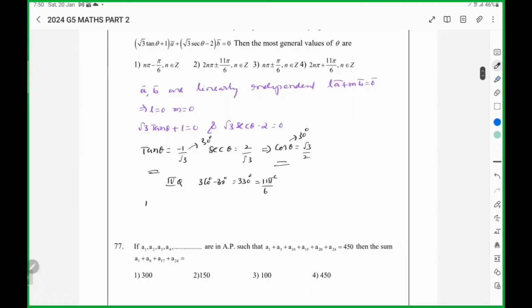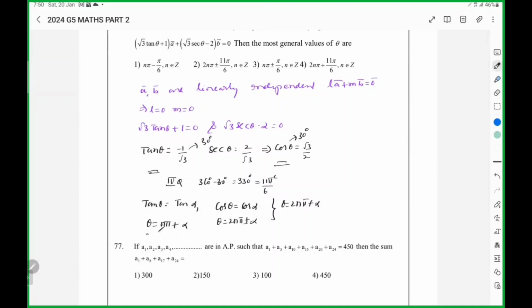But whenever simultaneous equations are given like this, you write the general solution. Here he has given cos, so let me take cos theta is cos alpha.